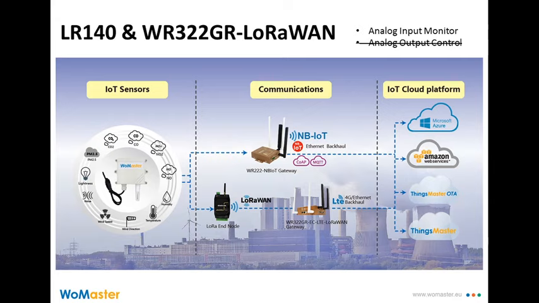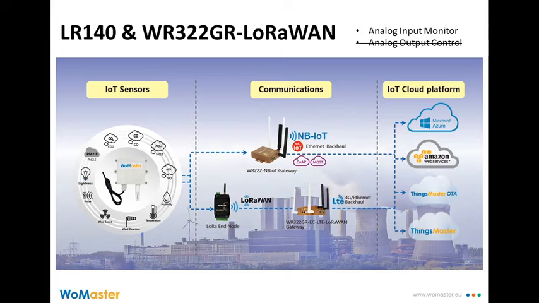And then the gateway can collect all of the data in the LoRaWAN network and use MQTT to send to the WoMaster private cloud platform, WoMaster OTA, or public cloud platforms like Microsoft and AWS.